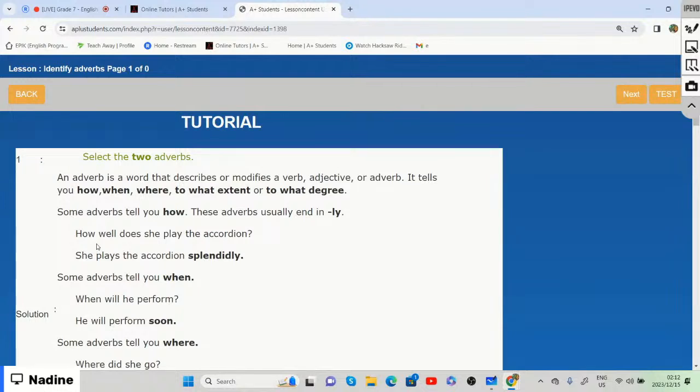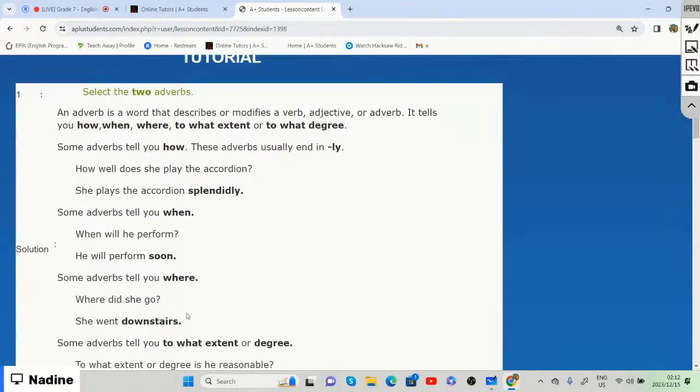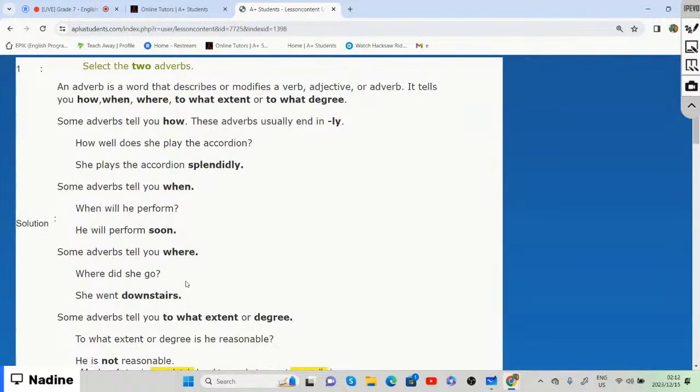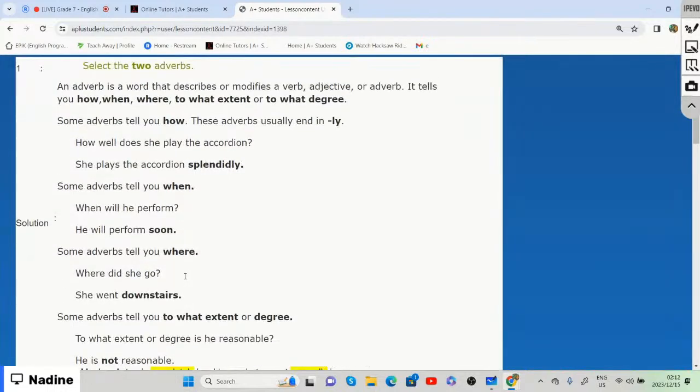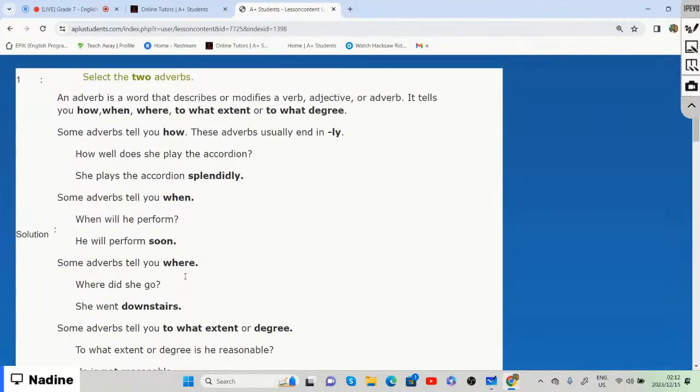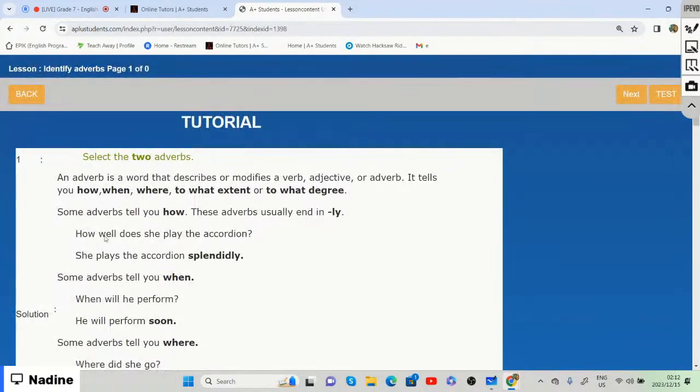We already made examples of how, when, where, and to what degree or extent, because an adverb is a word that describes or modifies a verb, an adjective, or an adverb, and it's how, when, where, to what extent, or to what degree.